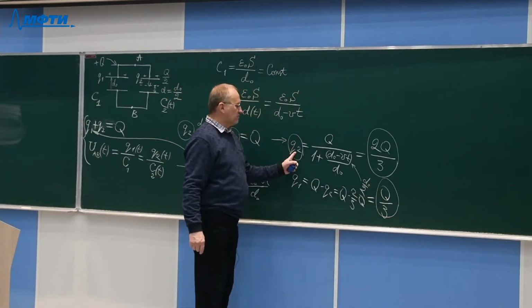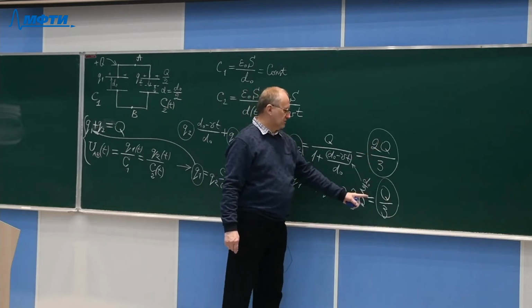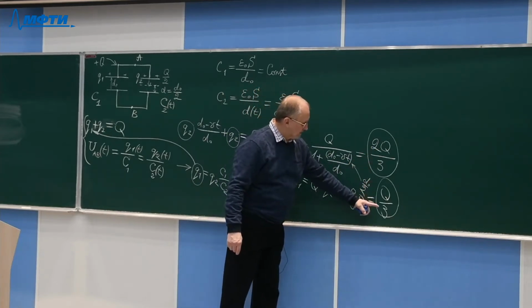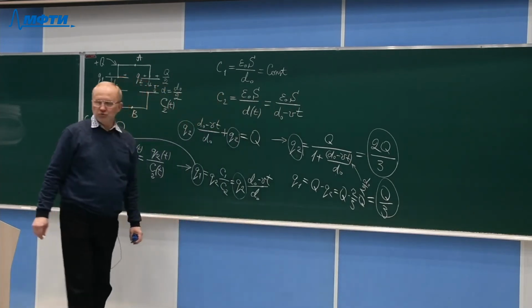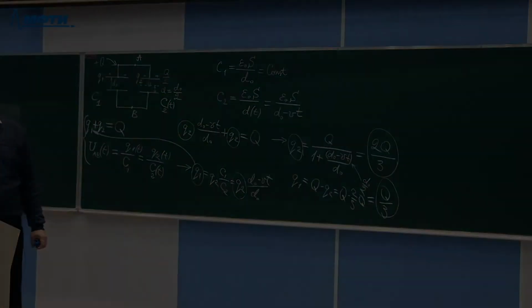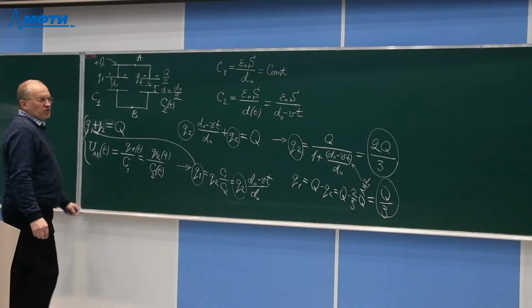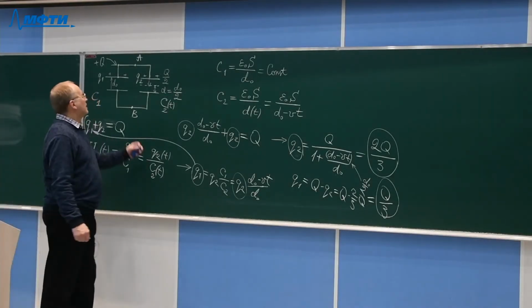And the second capacitor will have a larger charge, twice this value, 2/3 of Q. But in this problem we have to find what amount of charge was transferred from the first capacitor to the second capacitor. So the first capacitor lost some amount of charge.